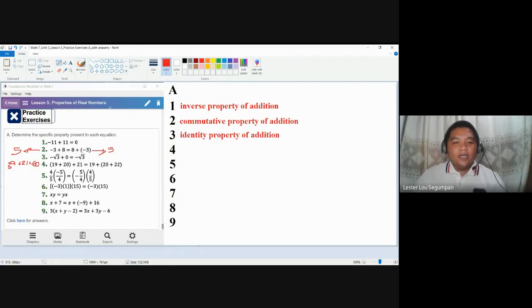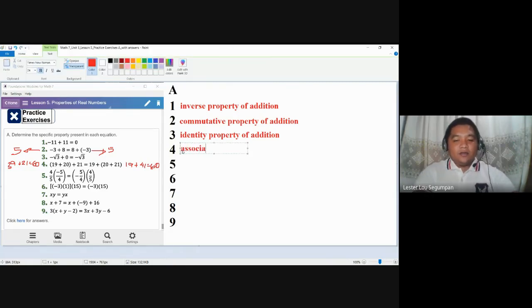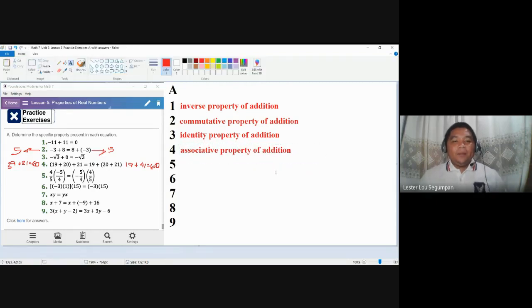On the other side, you have 19 plus the sum of 20 and 21, which is 41, and you still get 60. Thus, the equal symbol. The values are the same, and we are just concerned with different groupings, or different associations. This item contains the associative property, and since it's under the operation of addition, specifically the associative property of addition.